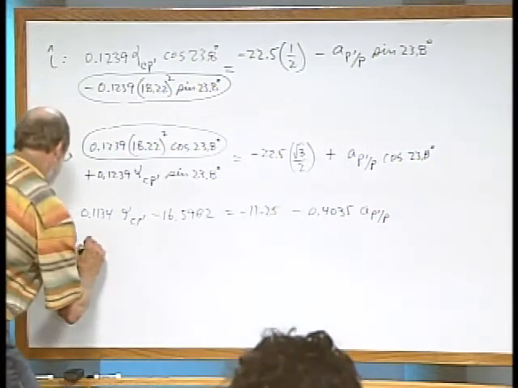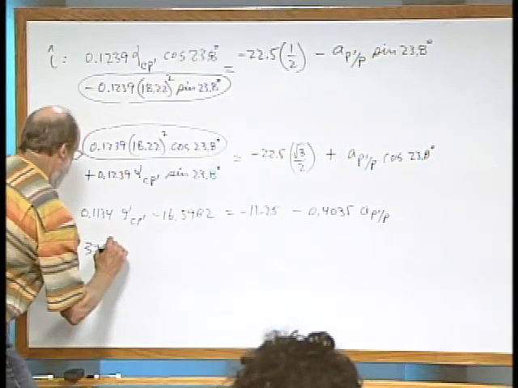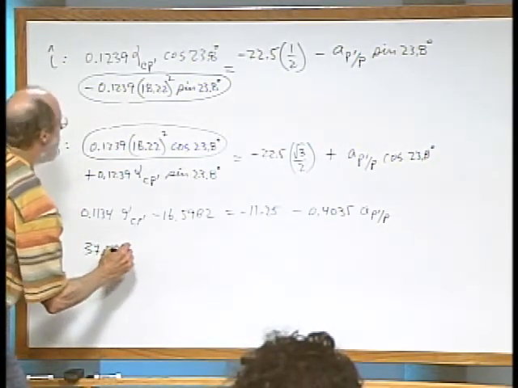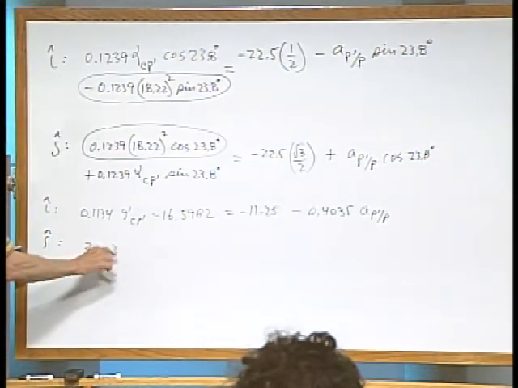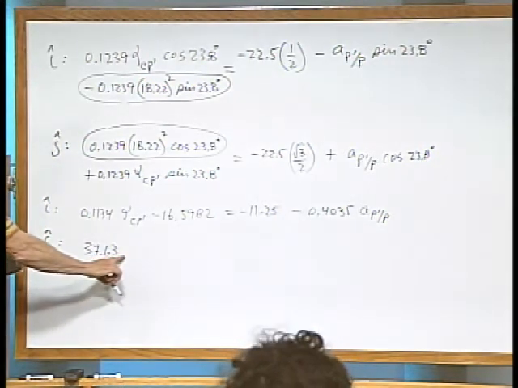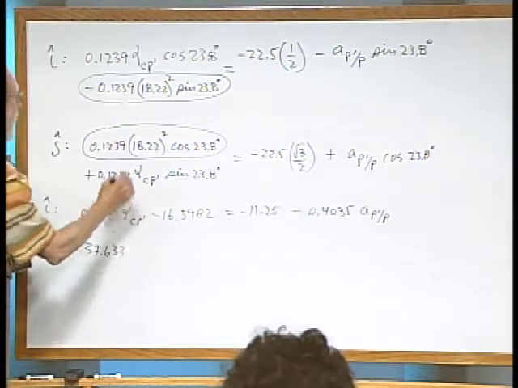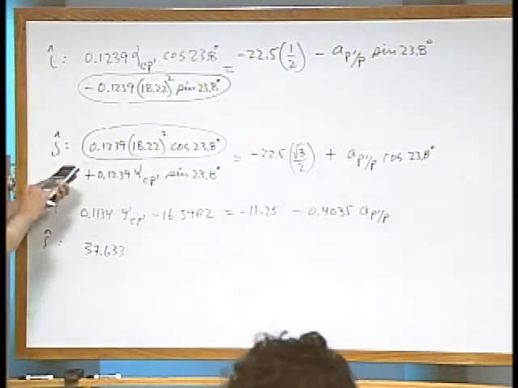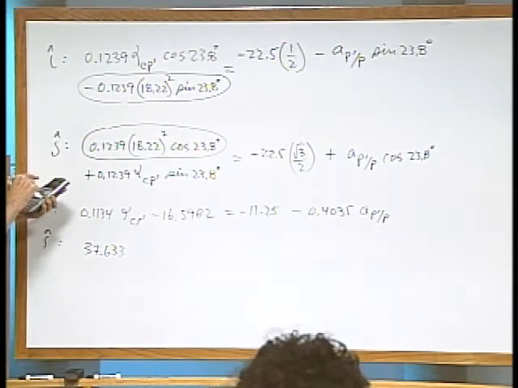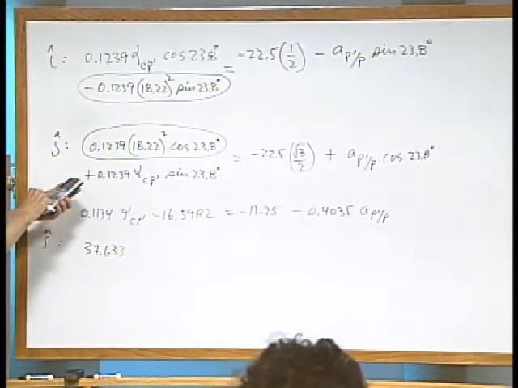Yep. Thank you. 37.63. Yes. Okay. Is it near the middle of the next decimal? Yeah, it's closer to the 3. 633. 633? Yeah. Okay, I'll just leave it at that. And then we're adding to it is 0.1239 sine of 23.